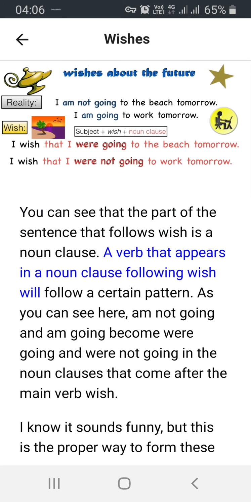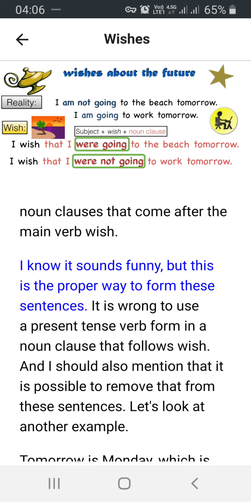A verb that appears in a noun clause following wish will follow a certain pattern. As you can see here, am not going and am going become were going and were not going in the noun clauses that come after the main verb wish.